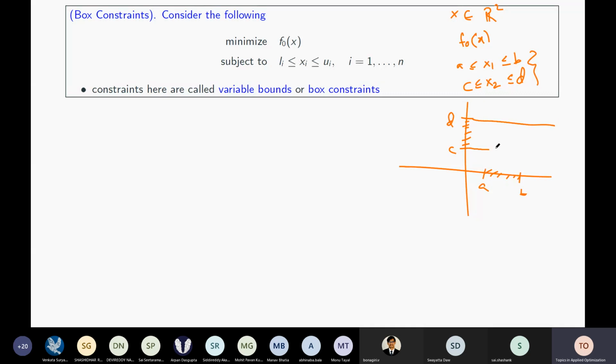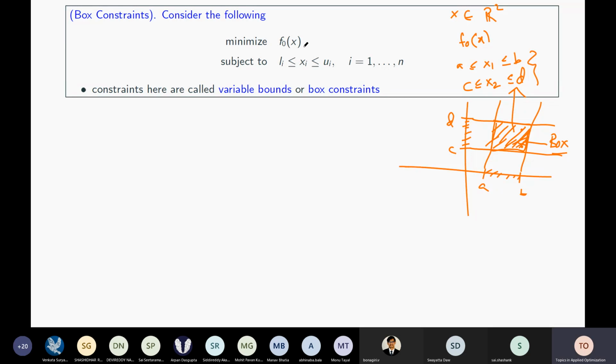So if we look into the domain now, these are the valid points that satisfy this box constraint. Since this is like a box, that's why it's called a box constraint. So there are many problems like this where you have box constraints.